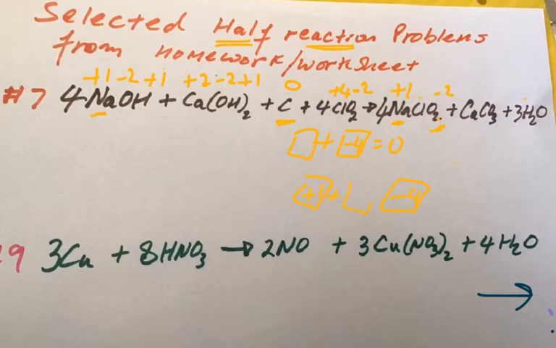So the question is, what do I put in our box right there to make everything 0? We have +1 here. We have -4 there. So we're thinking that we need to put +3 in the box. So +3, okay, is the oxidation state of that chlorine there. Okay? Alrighty.